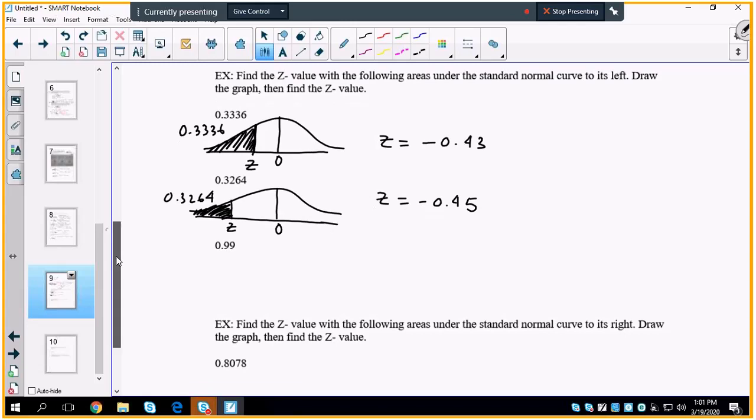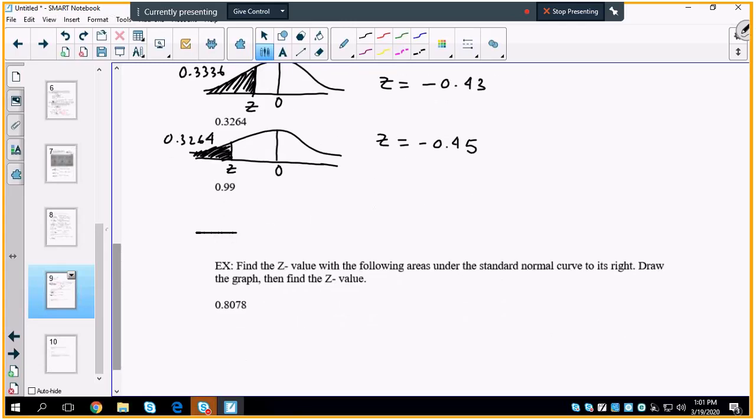Now I want the area to be 0.99 on the left-hand side of the z-score. The mean is 0. This much is 0.5. I want more than that, so I should be here. I'm saying this area to the left of this required z-score should be 0.99. So I'm looking for the number 0.99 on the table.